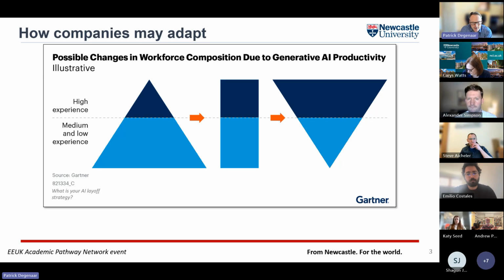Last year, they came up with a somewhat controversial article on what is your AI layoff strategy. And they hypothesized that essentially we're going to go from a pyramidal approach where you've got a few experts at the top, a whole bunch of middle management and HR people, etc., and then a whole big bunch of junior staff and people cleaning the floors at the bottom.